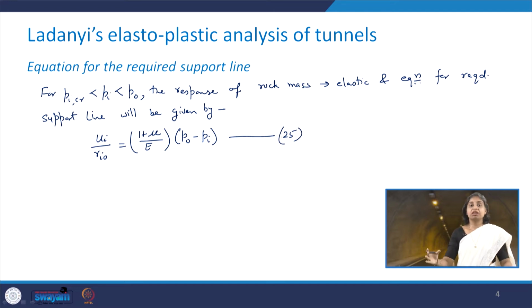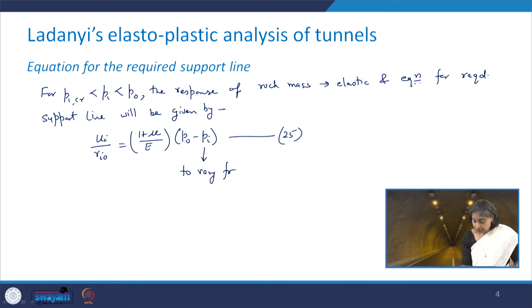Since we are doing this complete derivation of Ladanyi's elastoplastic analysis of tunnels for the last couple of lectures, this is all in continuation. Here Pi varies from P naught to Pi critical.